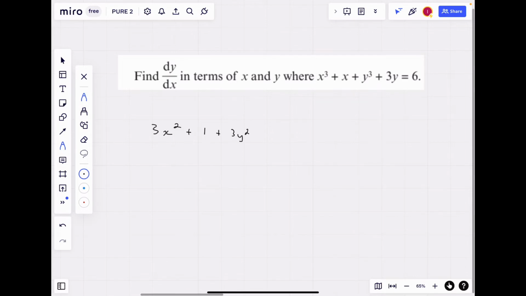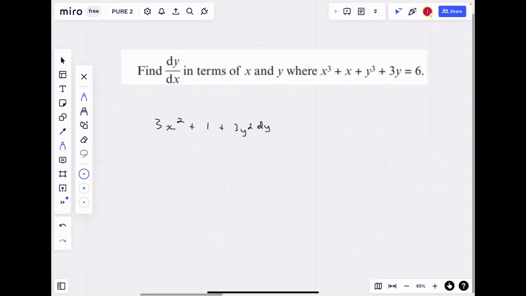But since we're differentiating a y term, you're going to add dy by dx after that. So what do you get when you differentiate implicitly 3y? Plus 3 dy by dx. And then differentiating 6 gives you 0.